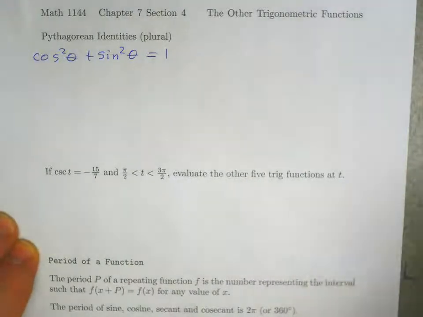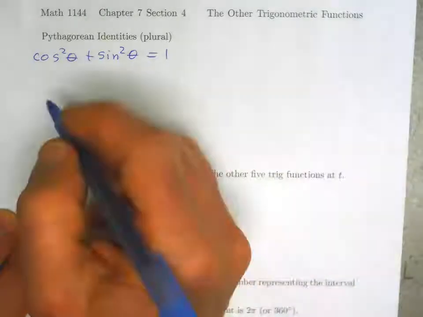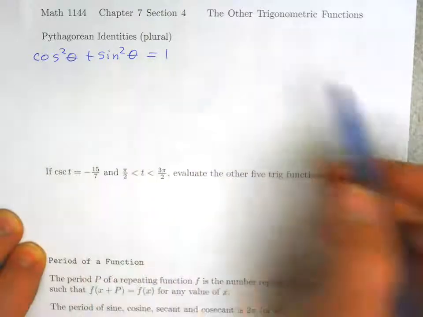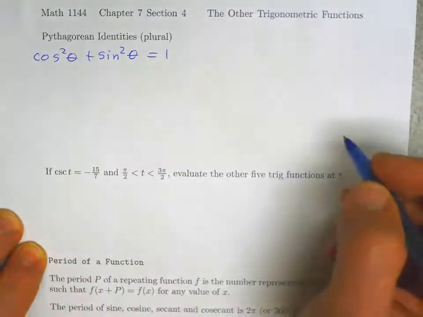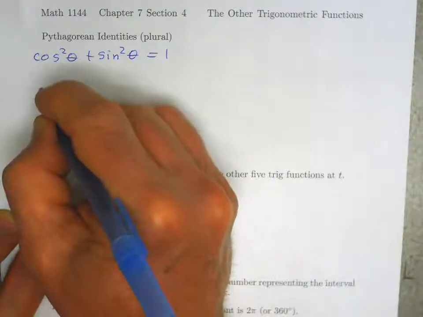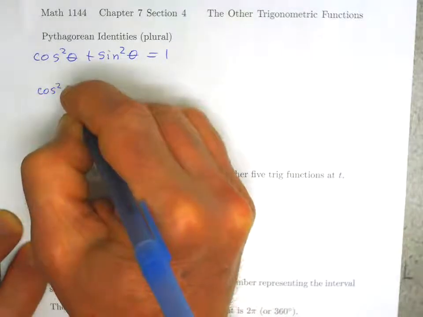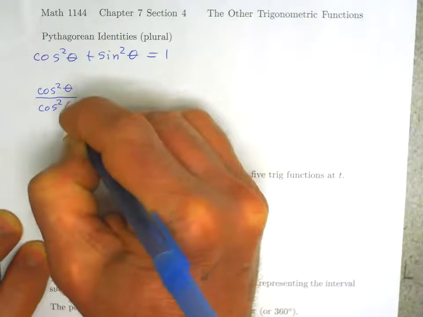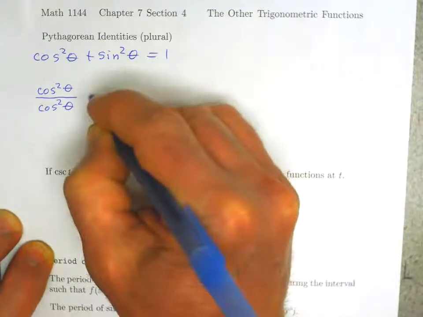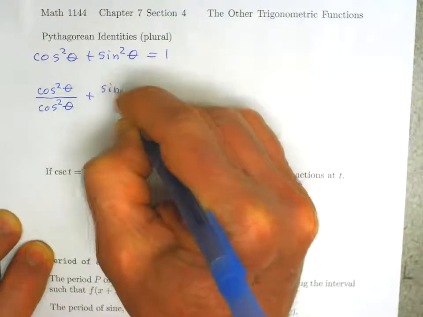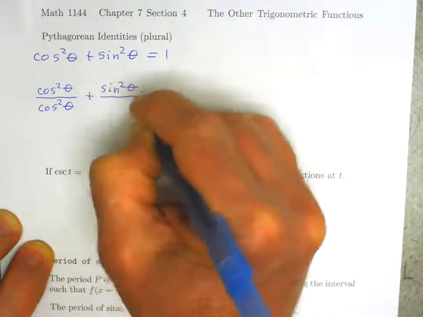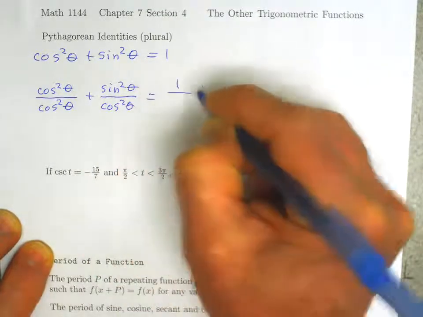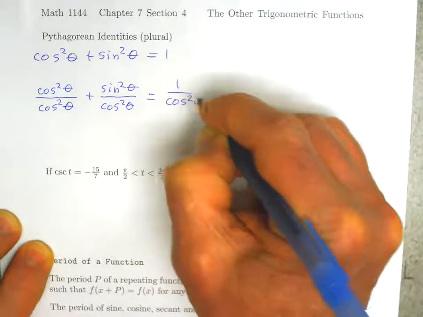One of the other ones is found if we divide every term on both sides by cosine of theta squared. So divide every term by cosine of theta squared. And 1 divided by cosine of theta squared.